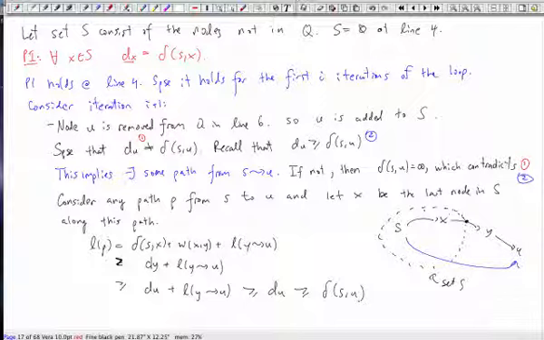Now, I want you to answer, first of all, why is this first inequality true? And why is this second inequality true? Well, I guess we can answer why this one is true as well. All three inequalities. With your neighbor, discuss why they're true.